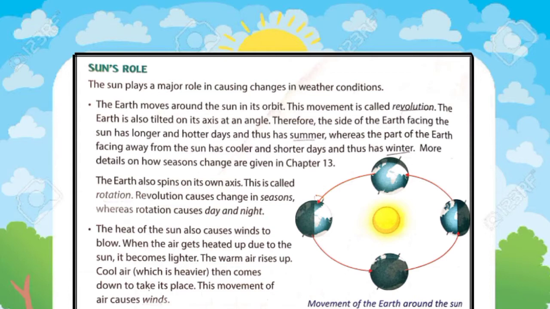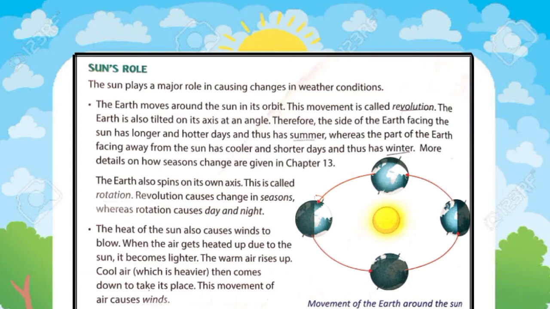So we can say that while the earth is rotating on its axis, it also orbits the sun, and it takes a little more than 365 days for the earth to make a complete trip around the sun, and other planets have different orbital times.